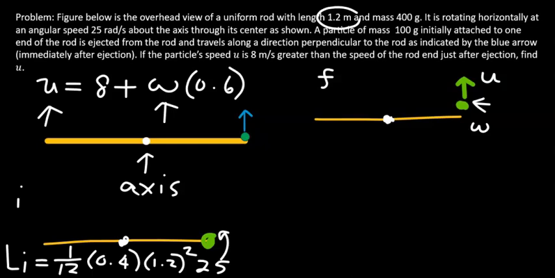Note that I have made use of the fact that the moment of inertia of a uniform rod about an axis going through the center is 1/12 mass times the square of the length.